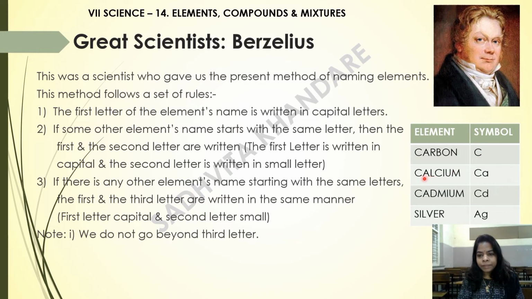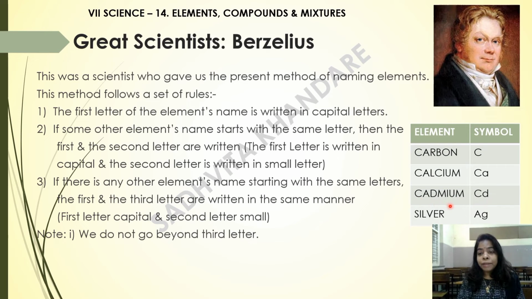See again, calcium also starts with C. So I cannot write C again because I have already written C for carbon. So then I will write the first and the second letter, first letter capital, second letter small: Ca for calcium. If there is any other element whose name starts with the same letters, the first and the third letter are written in the same manner. First letter capital and second letter small. Note, we do not go beyond the third letter.